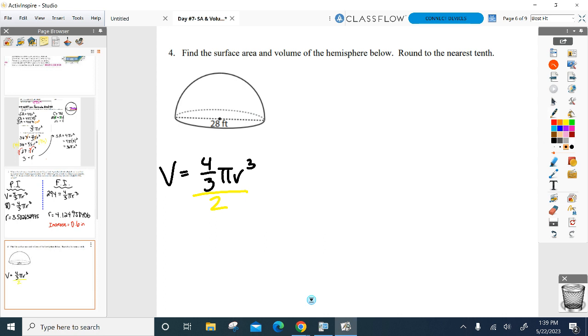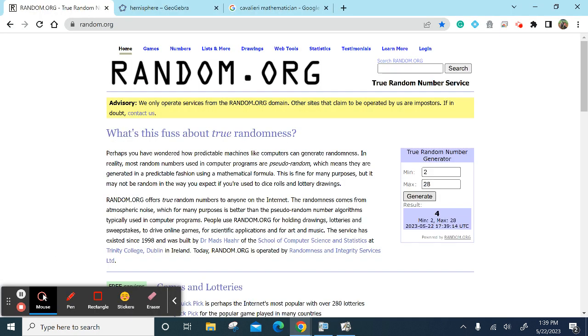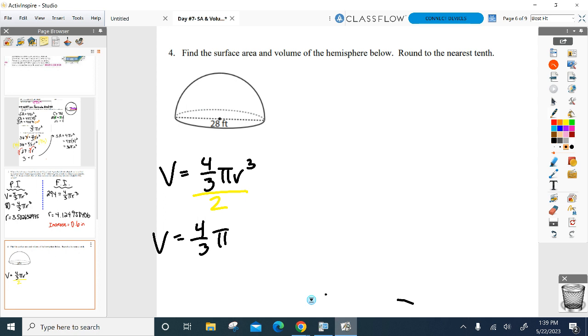All right, so let's figure this out so we can get the surface area. 4/3 pi, where do you plug in the good old radius here? 4.14, cubed.